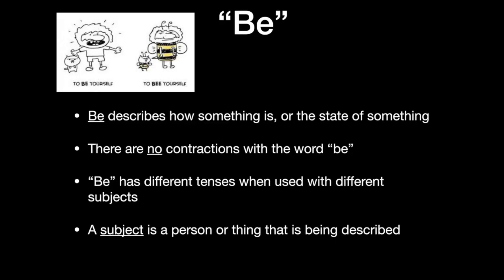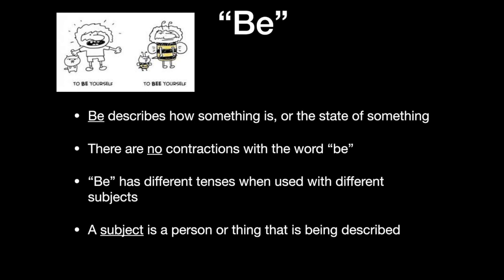So first, I want to take a moment to talk about the word be. When I say be, it describes how something is, or the state of something. So there are no actual contractions that use the word be.